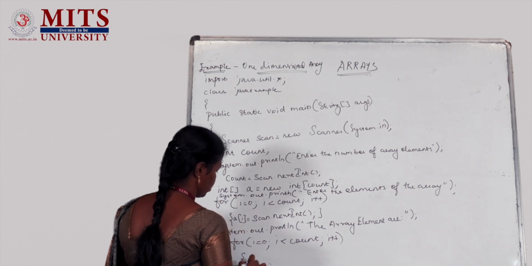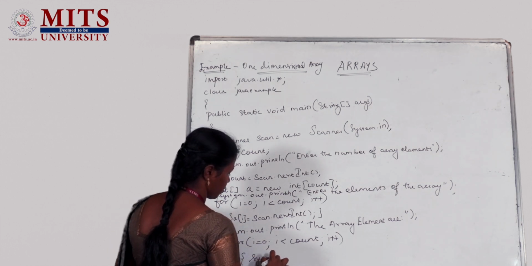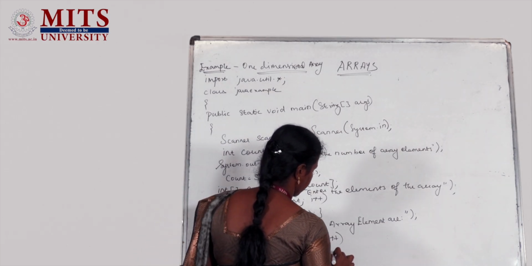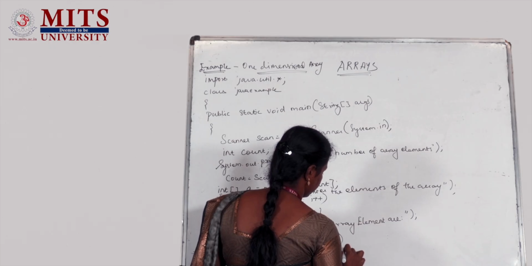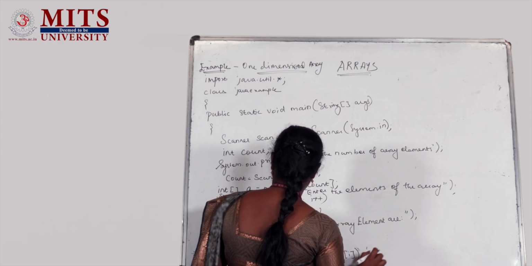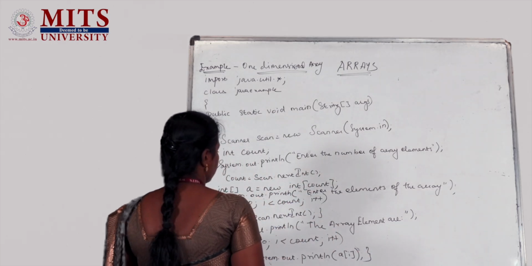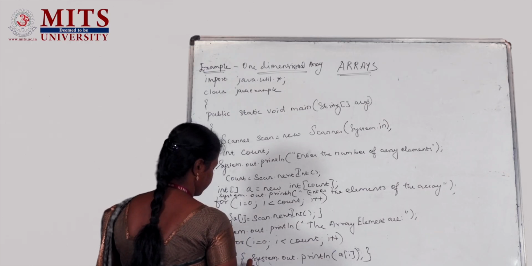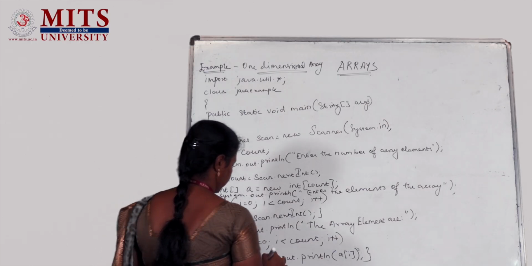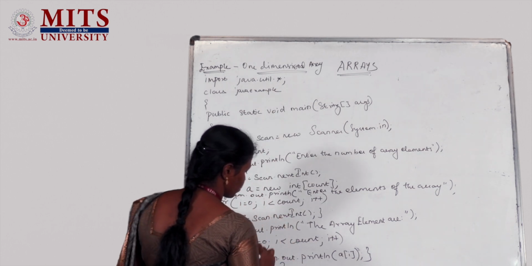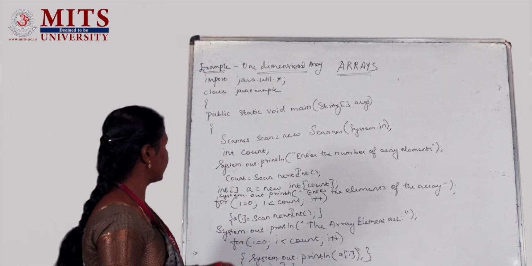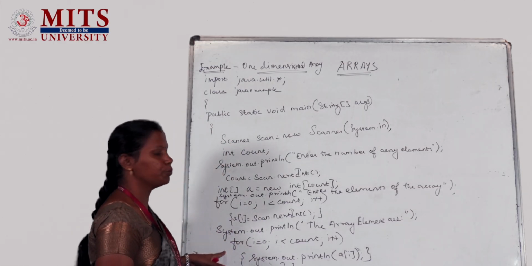We are just going to print it, System.out.println of A[i]. Later we can close the scanner. And then we close the main function, and then close the class. So this is one simple program for one-dimensional array, how to take the input for the array and then how to print it using the for loop.